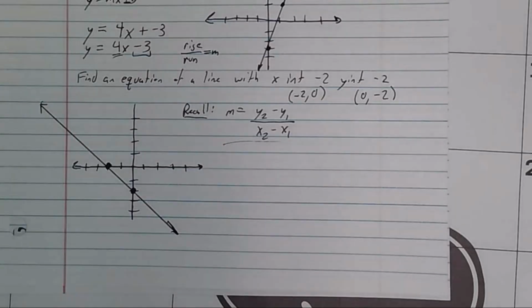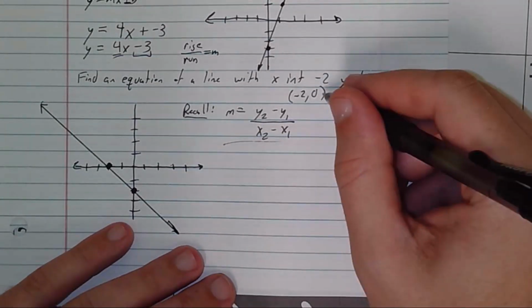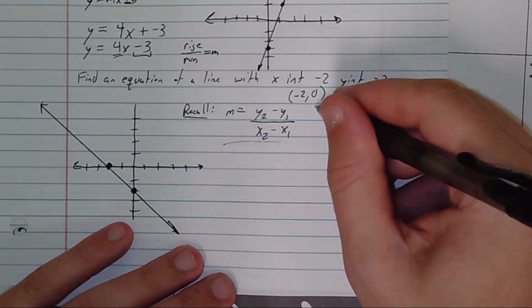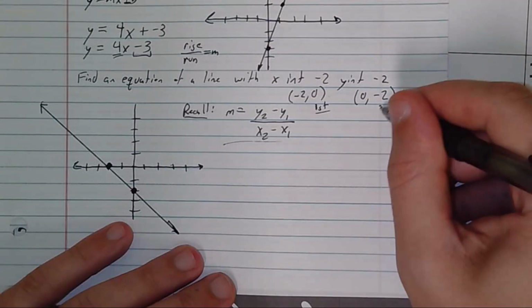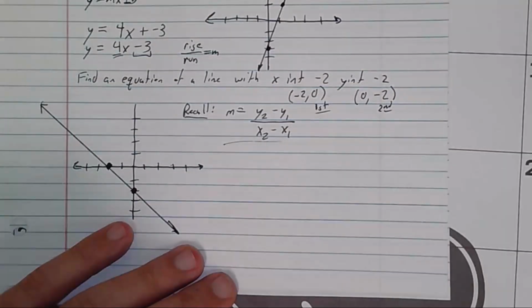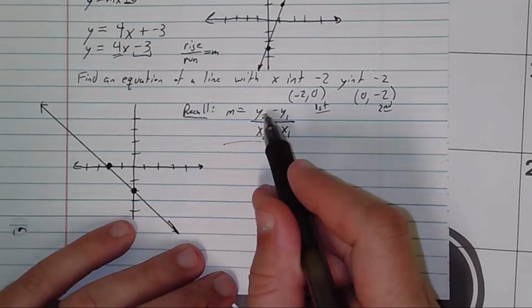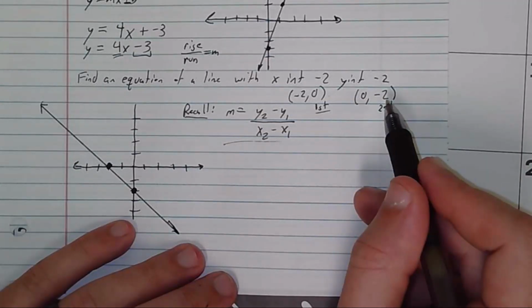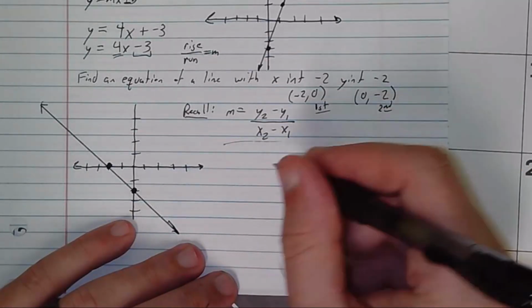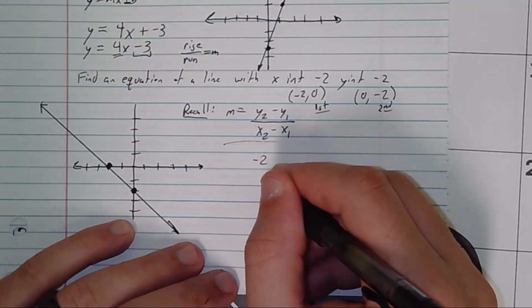Now, we can call either of these x1 or x2, it doesn't much matter. I'm going to call this the first ordered pair and this one the second ordered pair. The reason that I'm writing this is that you'll notice we have these little subscripts here: y2, x2. I'm going to use the second ordered pair to fill in x2, y2. So y2 is -2 and x2 is 0.